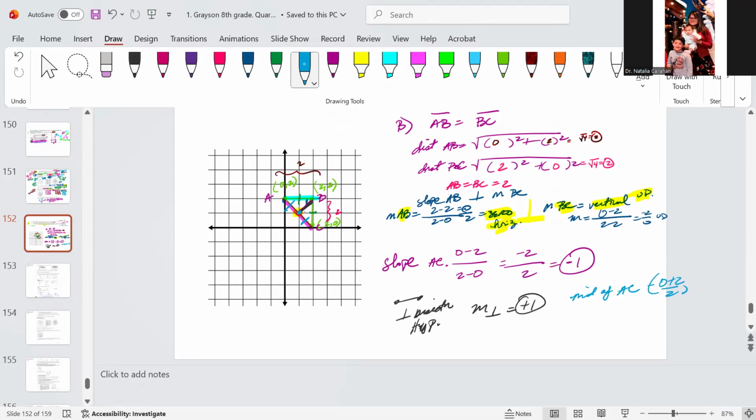For the y value, it's 2 plus 0 divided by 2. So the midpoint here is just going to be 1 comma 1, which is exactly where it is, right? And you can say that's going to be the midpoint. So for part C, you could say the slope of AC is negative 1. The slope perpendicular to that is positive 1. Midpoint of AC is 1 and 1, and that's it. We're all done, okay?